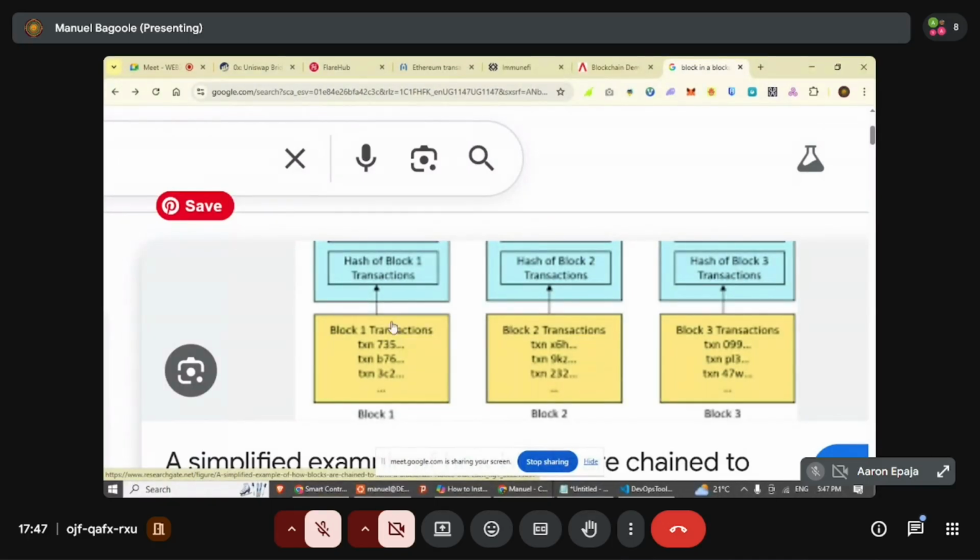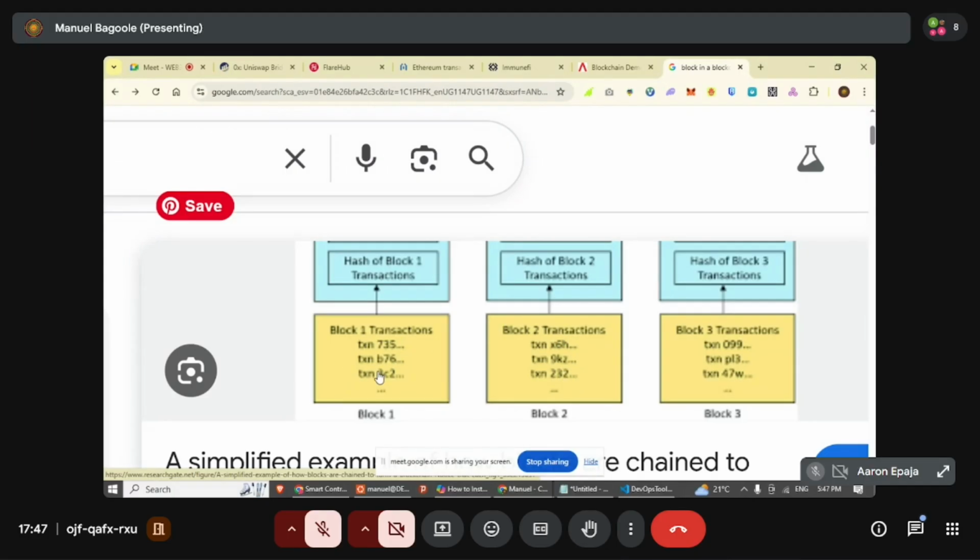When you have a block, a number of transactions bundled together, its block hash becomes an input for the next block ahead of it. That means the block hash of the previous block, along with the transactions of the block we're trying to derive, are all bundled together as inputs to generate the hash of that specific block. So block 2 will always have a hash of block 1 as an input.